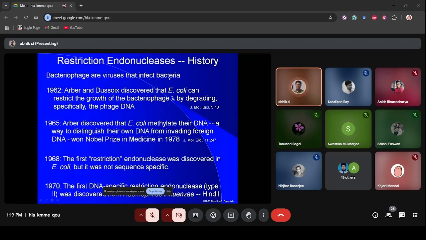So this process is going on, and if it were allowed, bacteria could not survive. So bacteria have their own immune system.